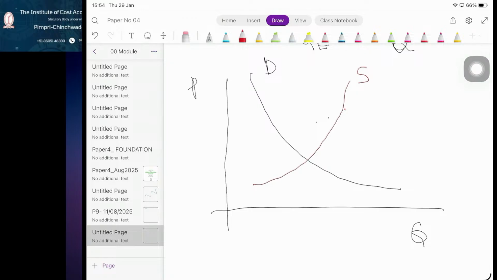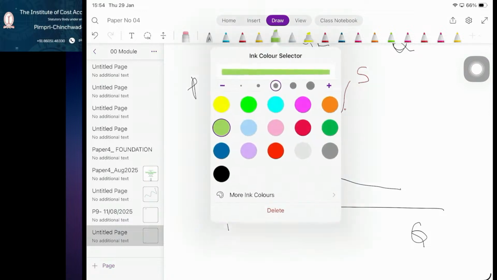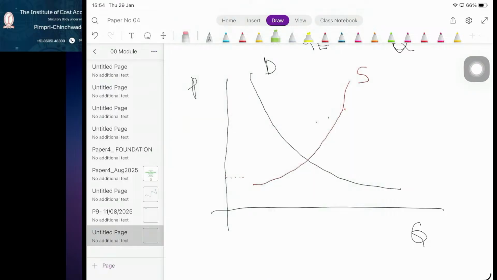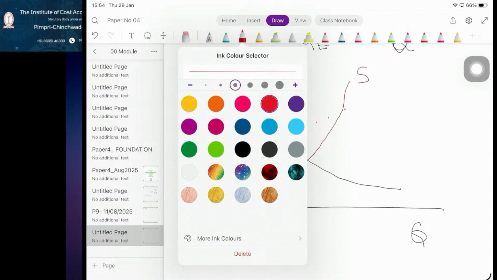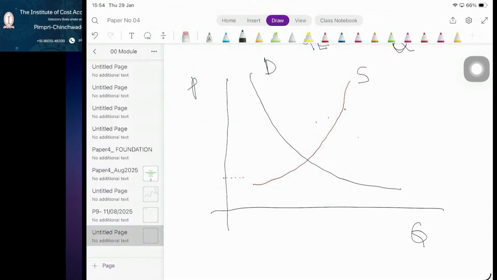We know it is here. But suppose the price was less than the equilibrium price, somewhere here. Suppose this was the price at P dash.